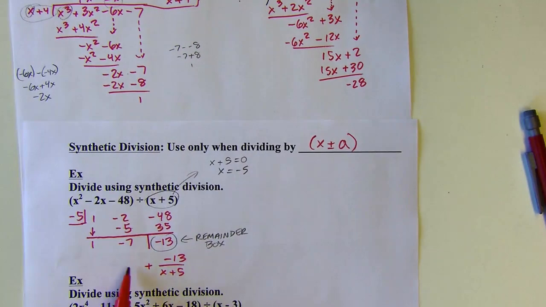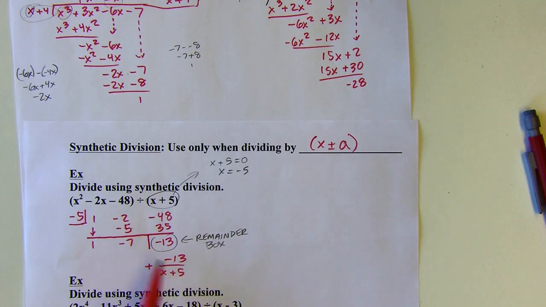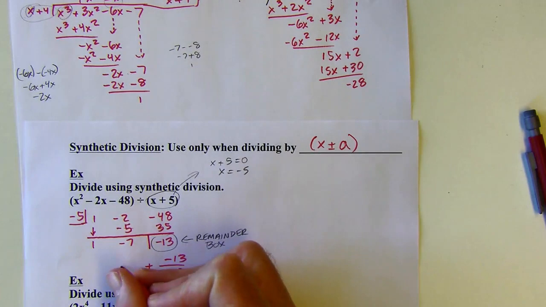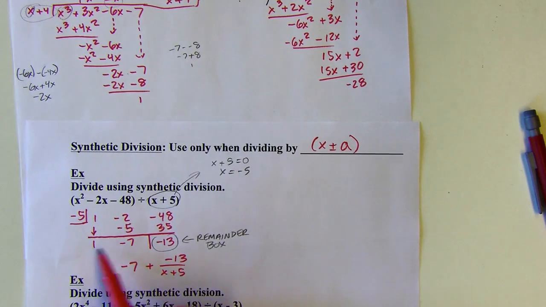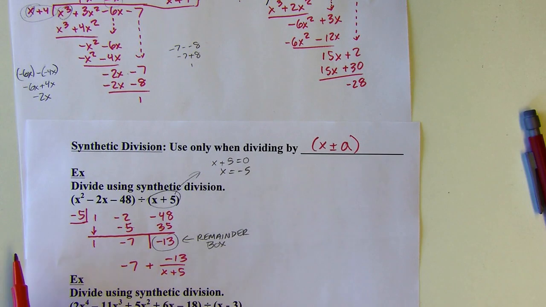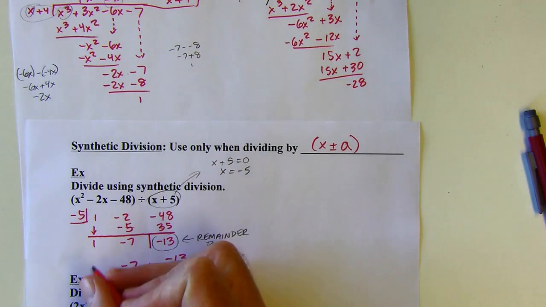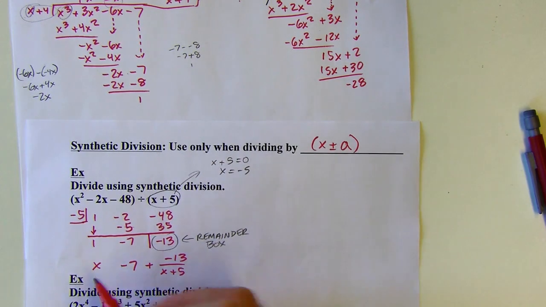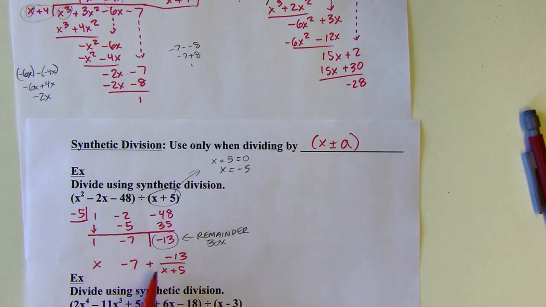And then the negative 7 is going to represent the next term over, which in this case is just going to be negative 7, okay? And then as I go to the left, this is going to be 1x. If there was another number, it'd be something x squared, then something x to the third, and so forth. But this is just x. And I make sure my terms are separated there.